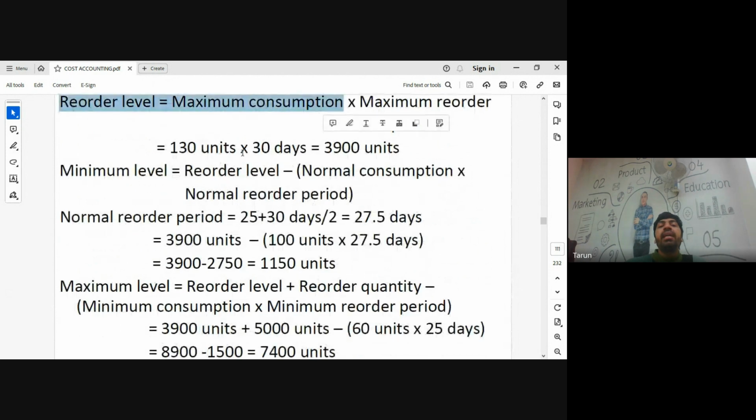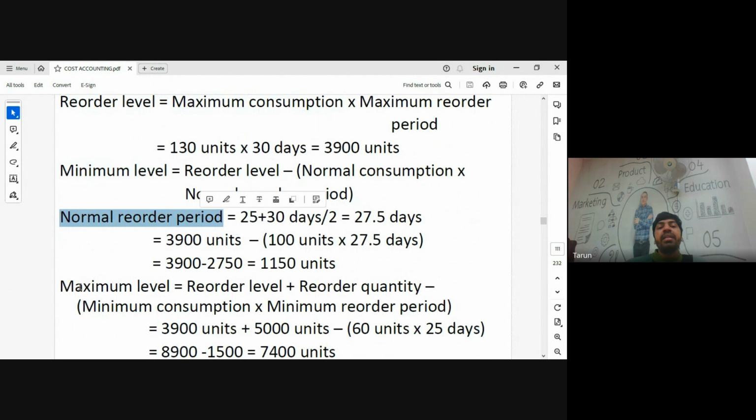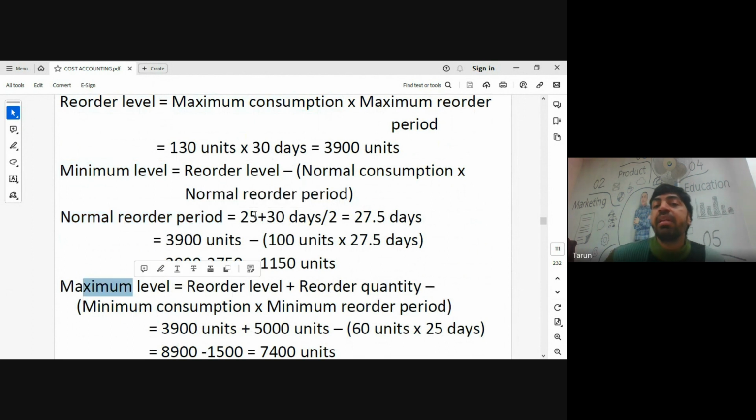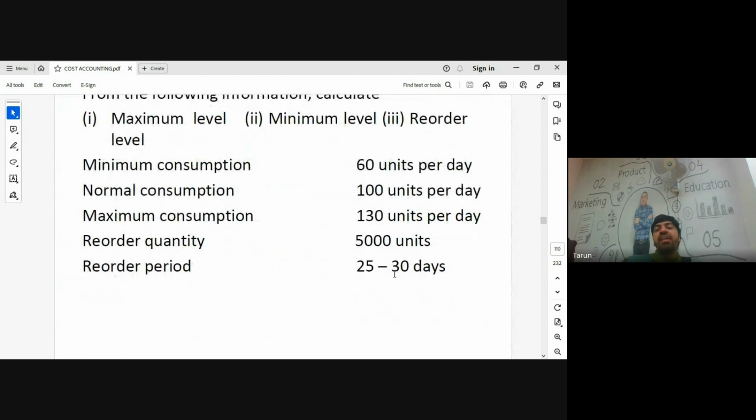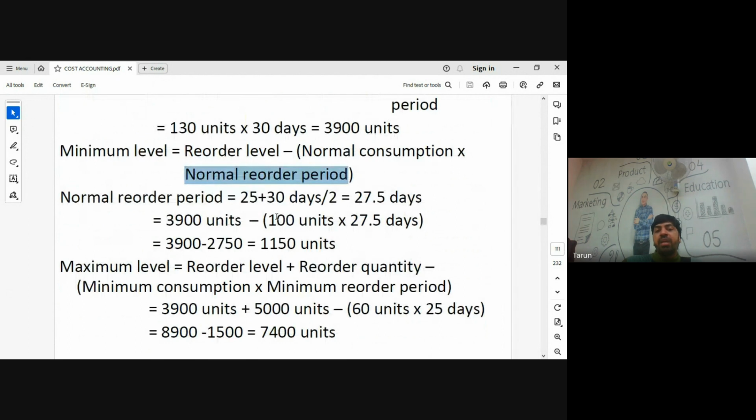Reorder level, then minimum level, then maximum level, because the normal reorder period is not given in the question, so accordingly you will estimate it. The reorder period of 25 to 30 days has been given, but we need to calculate the normal reorder period.